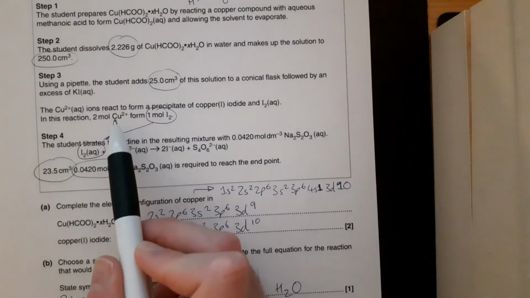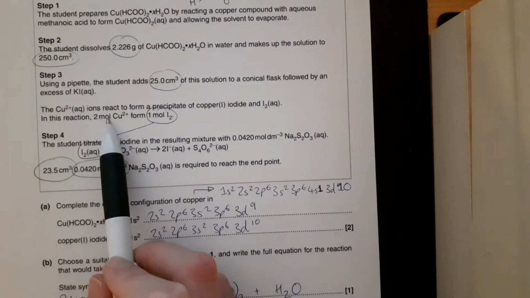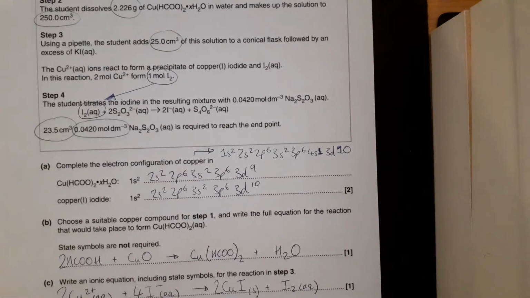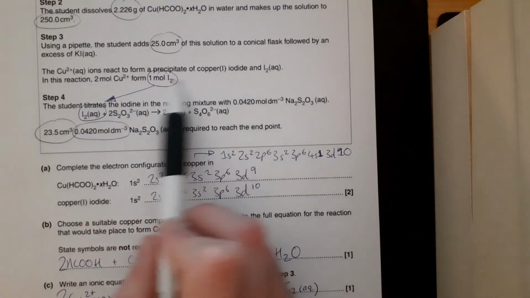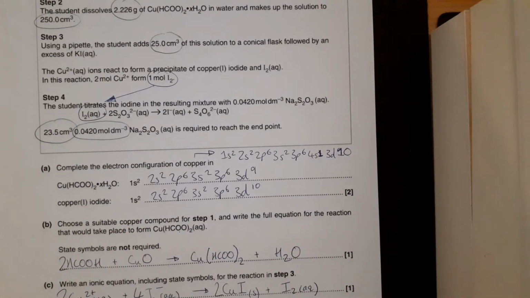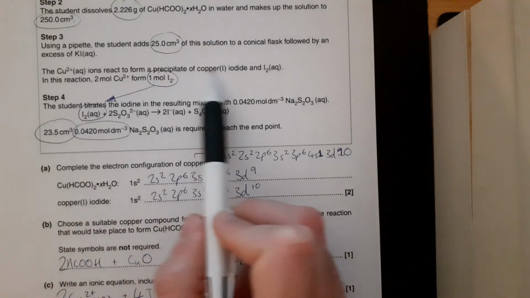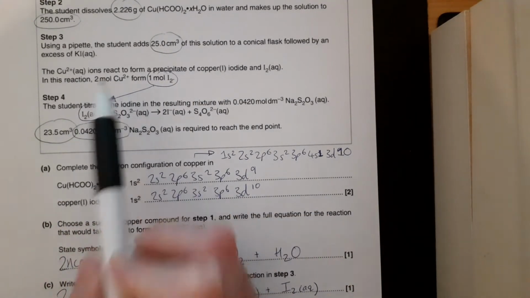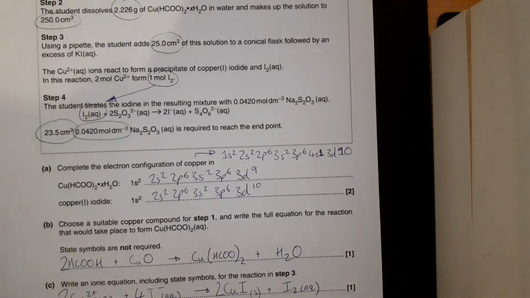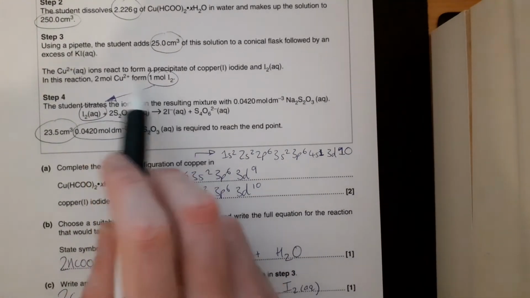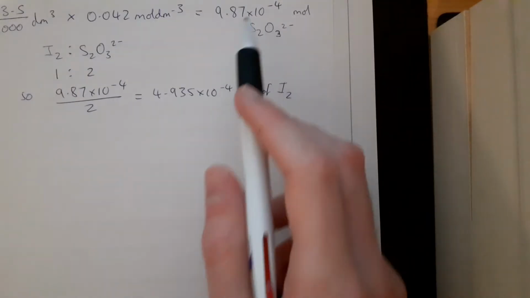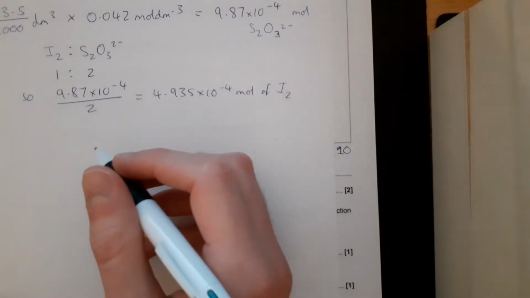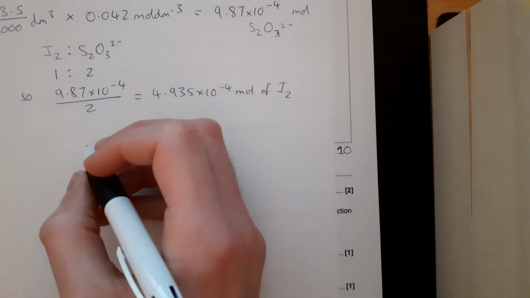This is why I thought they were being nice to us when we were writing the equation. The reason they've written this here is that even if you've messed this up, you could still do the calculation question because they've told you the ratio there. That's why they've put it there. Right, but it's a 1 to 2 ratio, so we're going to multiply by 2. So we're going back to the same number. Can you see how this is exactly the same as the previous video?